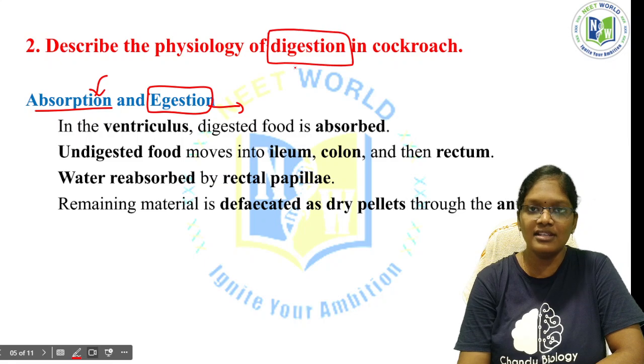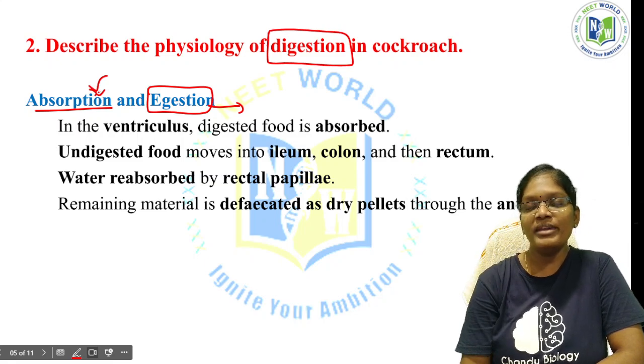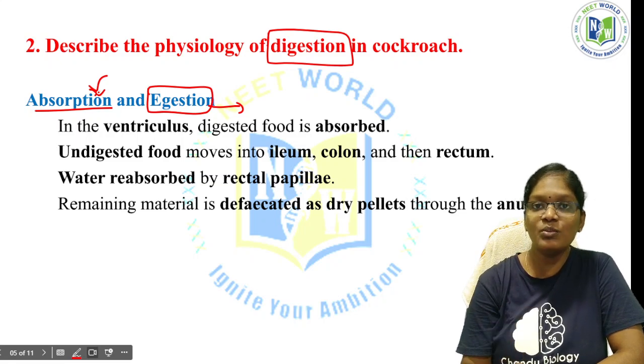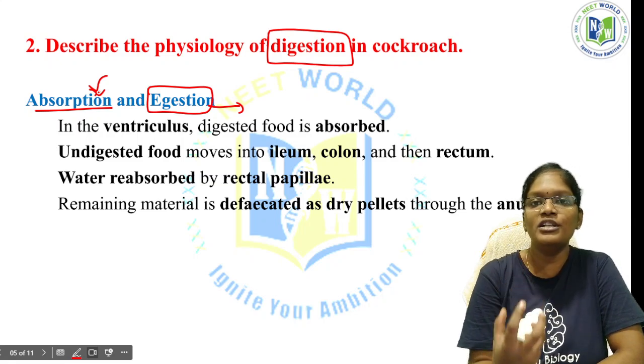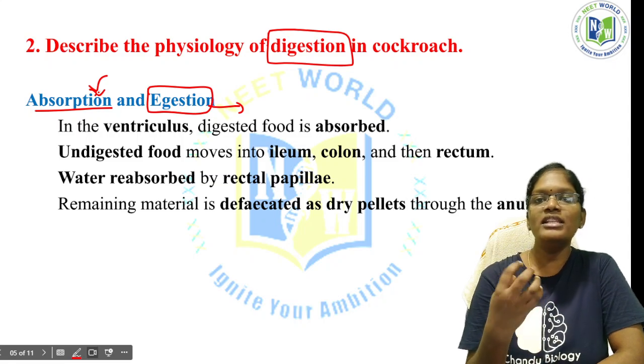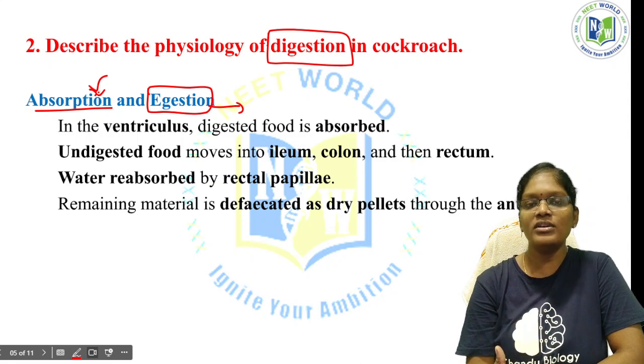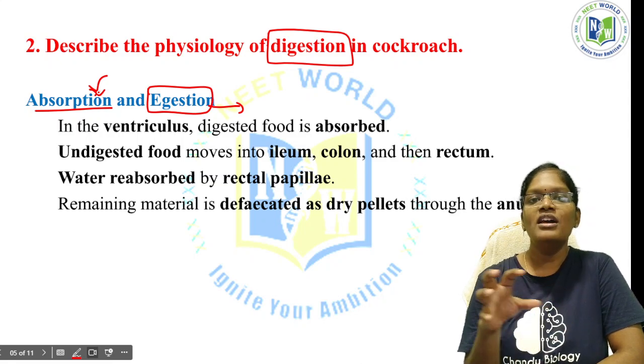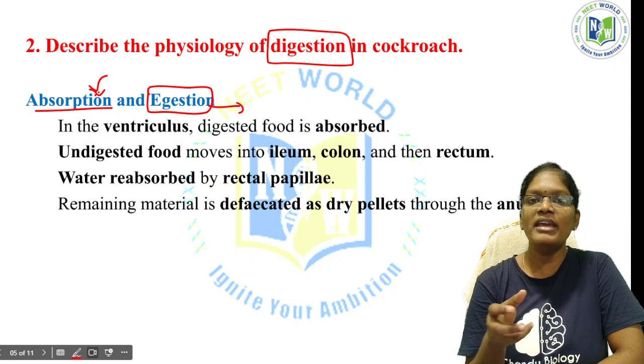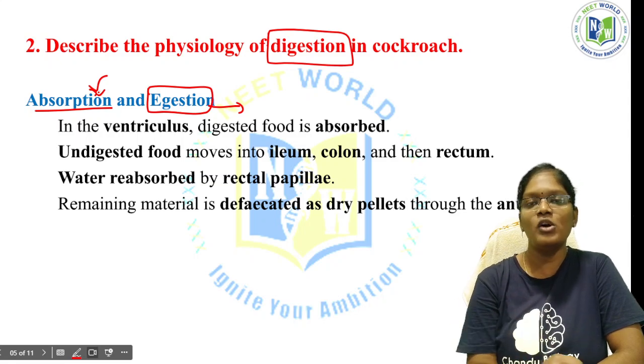Absorption means the digested food has to be absorbed by all the cells of the body. That is why complex molecules are converted into simpler molecules, so that it is very easy for the cells to absorb them. Digestion takes place because it makes it easier for the cells to absorb all the nutrients.